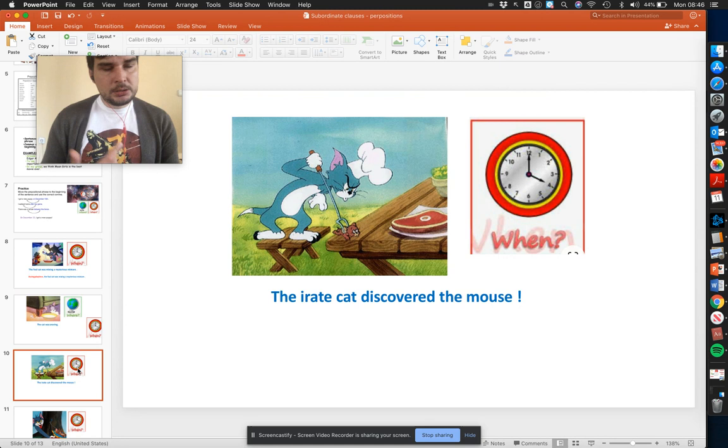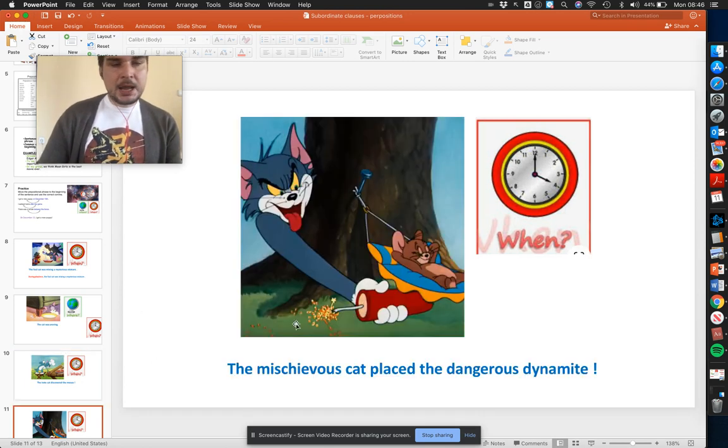Irate means angry. The irate cat discovered the mouse. When did he discover the mouse? Where did he discover the mouse? You need to type in the sentence with the preposition, comma, before the pronoun, and punctuation at the end. And finally, you should know the word mischievous because a lot of you actually are mischievous.